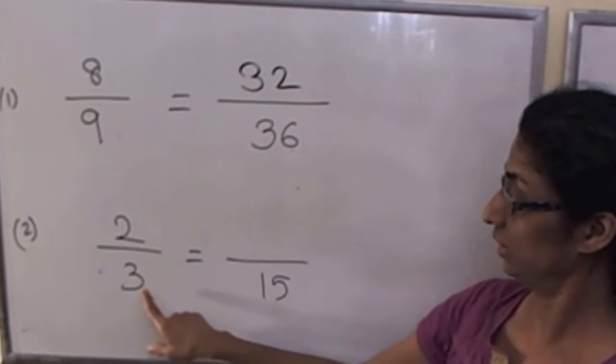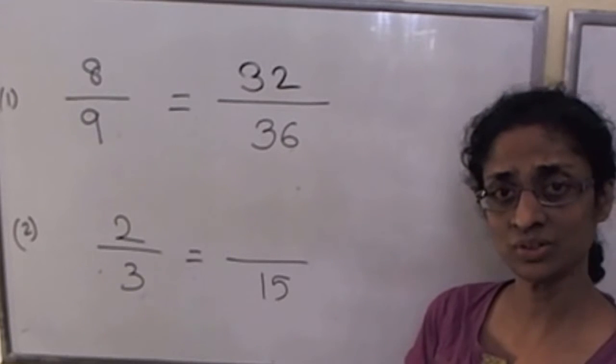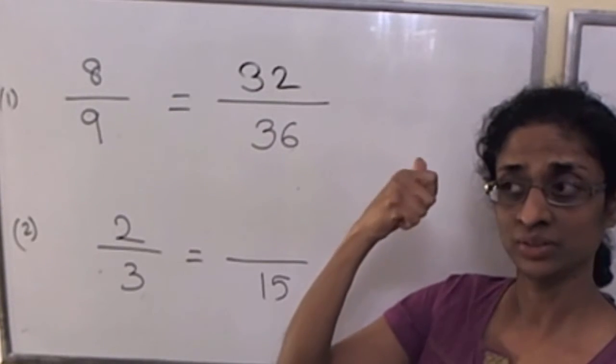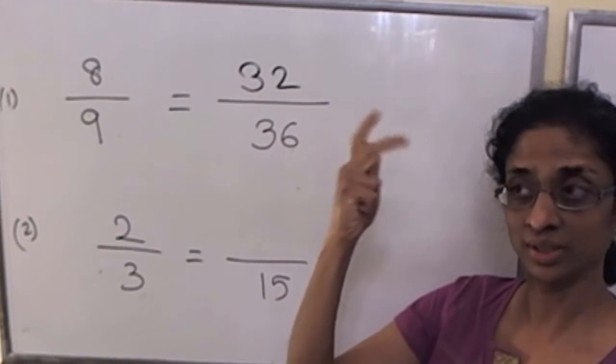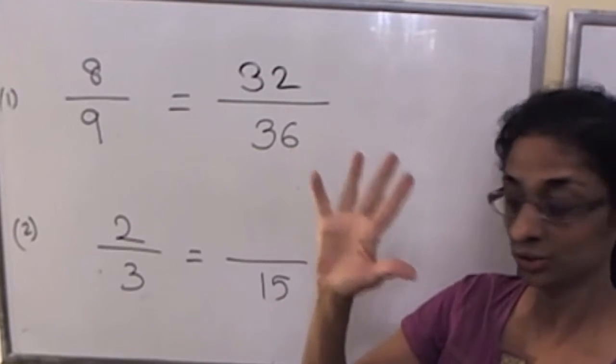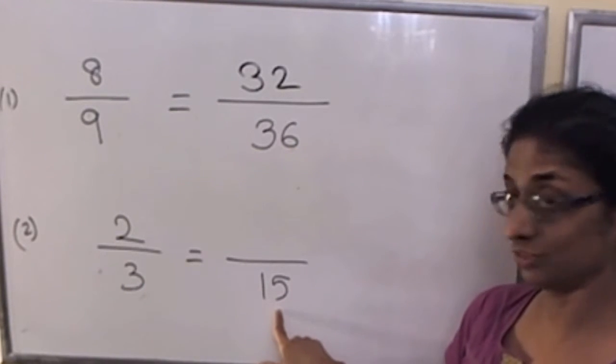So let's look again. 3 and 15. Is there a relationship? I think there is. Let's count in threes. 3, 6, 9, 12, 15. So it sure looks like 3 times 5 is 15.